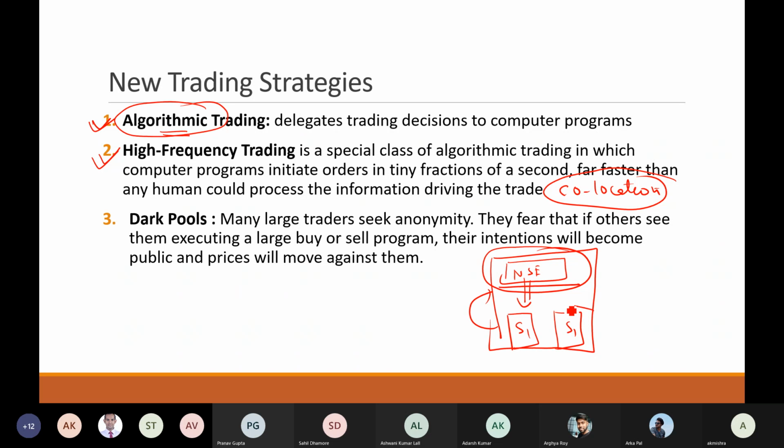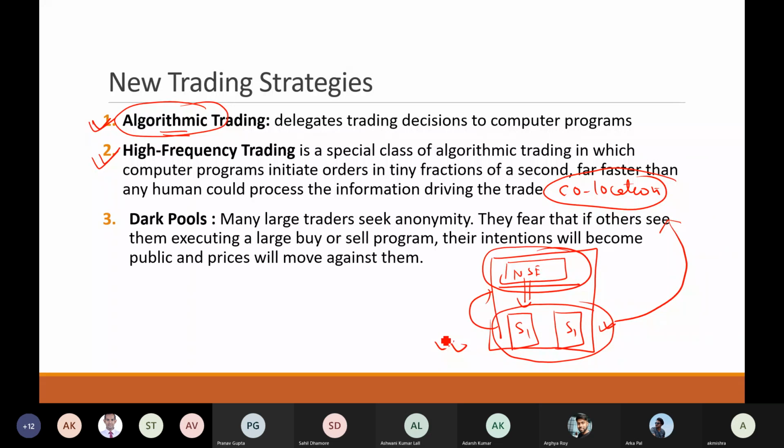But for getting this kind of access close to the NSE server, they have to pay a high cost for keeping their servers very close to the exchange. So this term we call co-lo or co-location. This helps these firms to execute quickly.